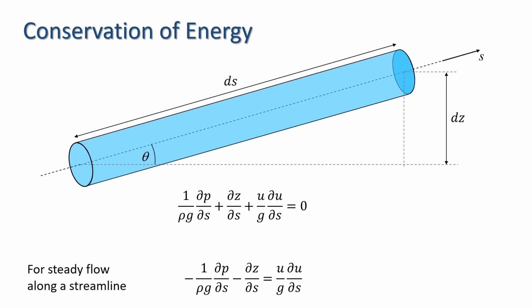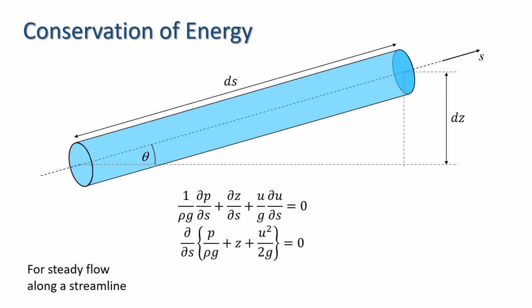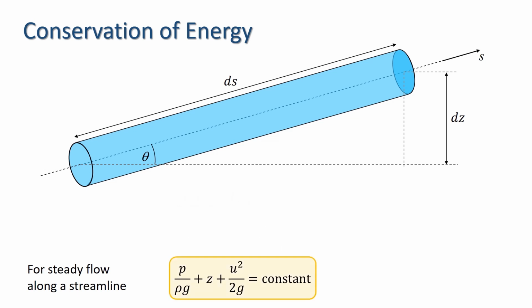Thus, we can write this in the form, and thus, along the streamline, we can deduce that p over rho g plus z plus u squared over 2g is constant. This is known as the Bernoulli equation, and it describes conservation of energy along a streamline.